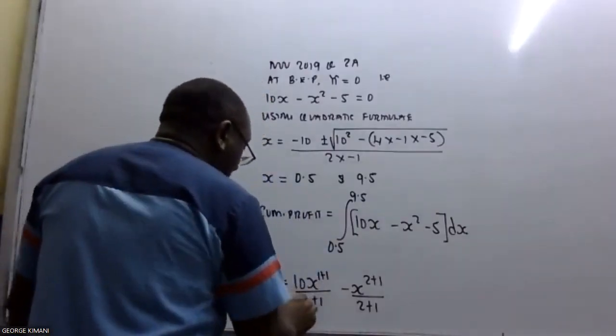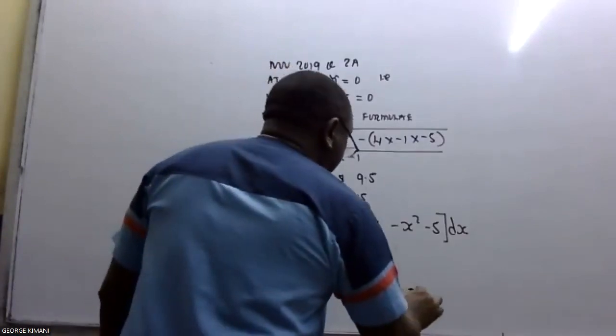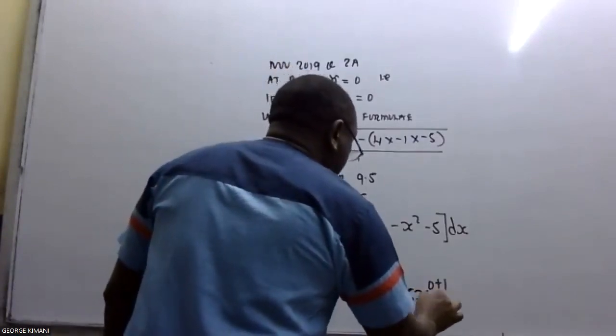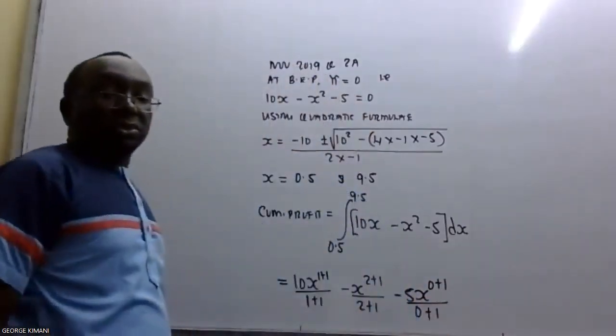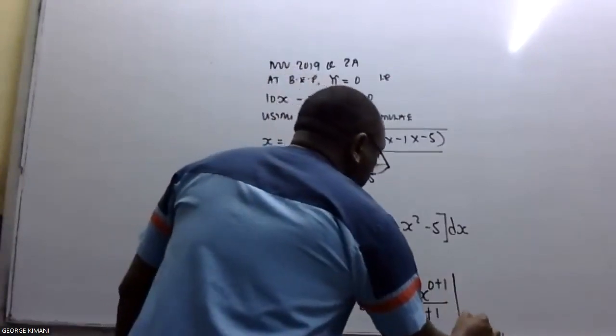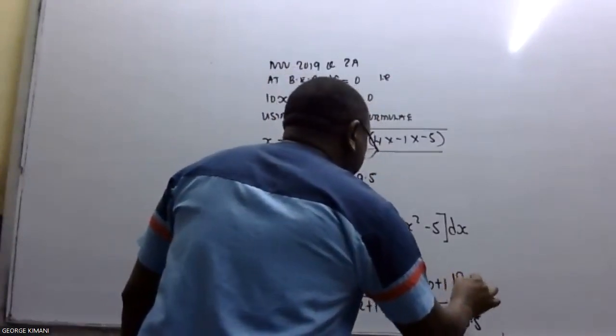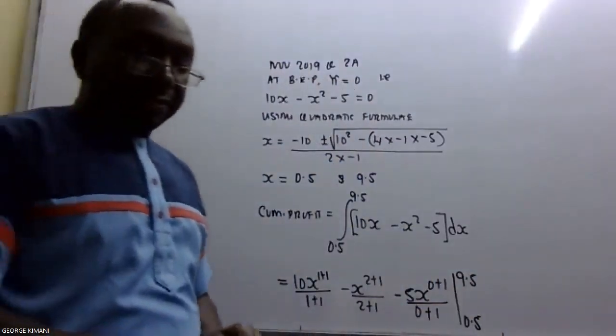So this is also 1 here. Minus 5x is power 0, you add back 1, then you say 0 plus 1, in the range of 0.5 to 9.5.